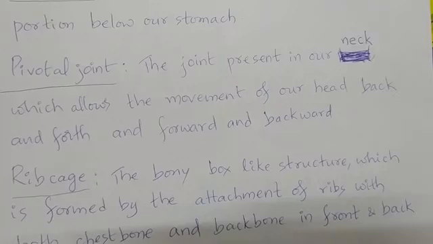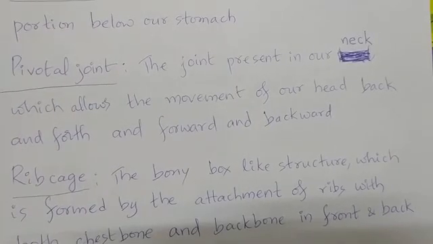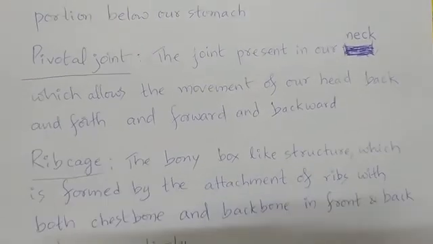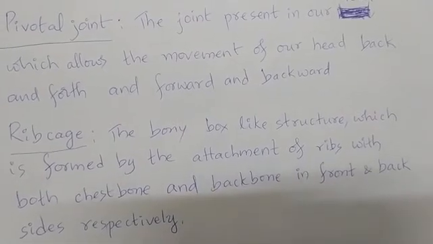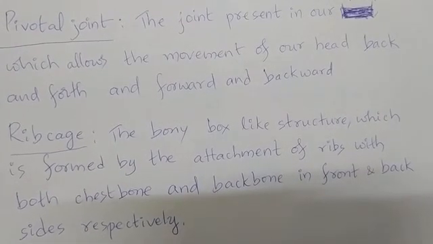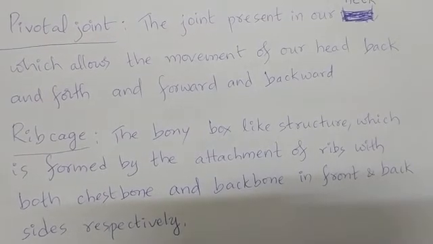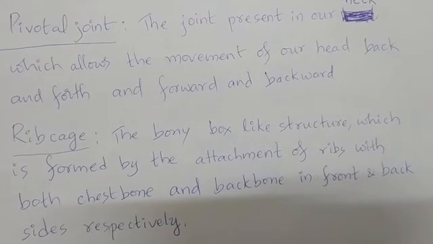Rib cage. The bony box-like structure which is formed by the attachment of ribs with both chest bone and backbone in front and back sides respectively.